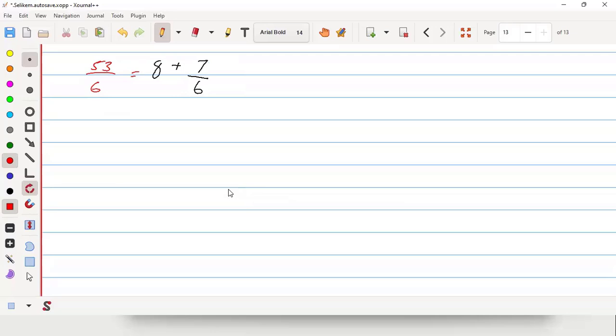Yeah, because 6 times 8 is 48, 6 times 8 is 48. Oh, 5 is 40, 8 6s are 48. Okay, let me just erase that. Oh yeah, it's the same thing. It's 5 over 6.